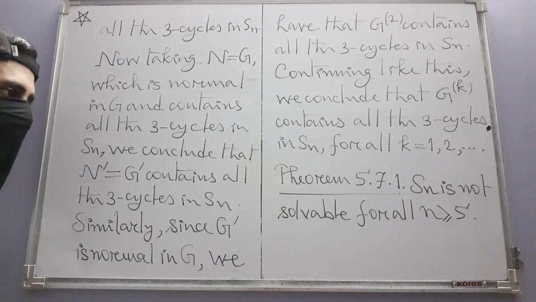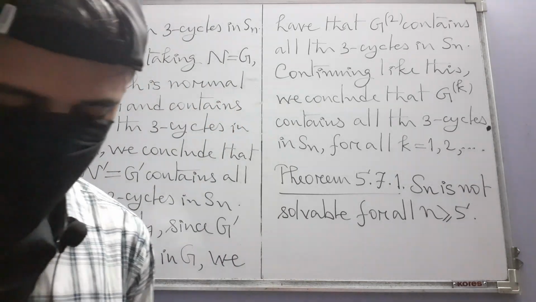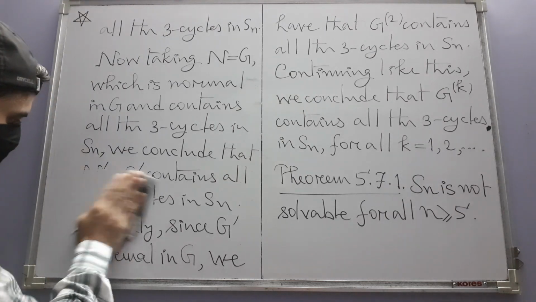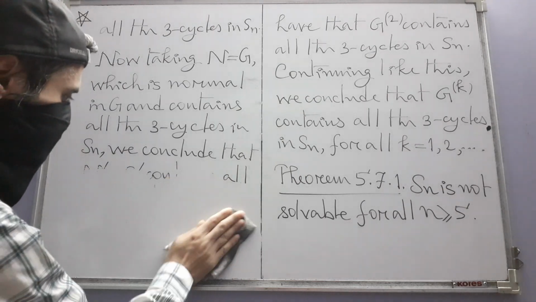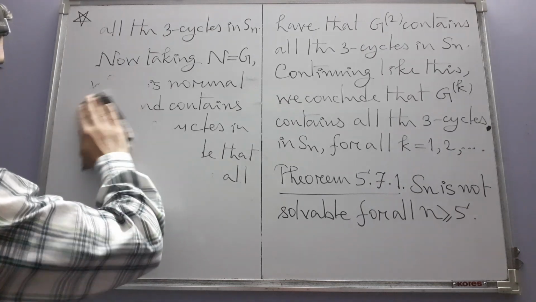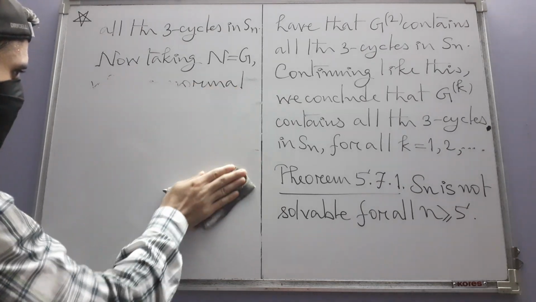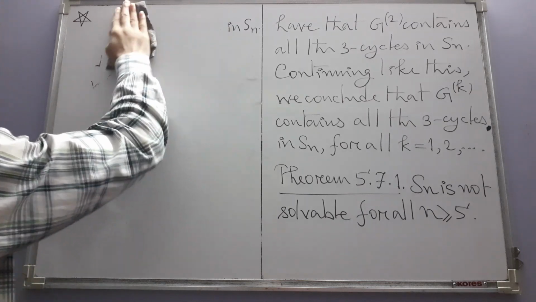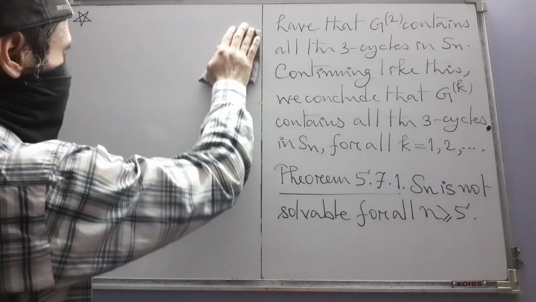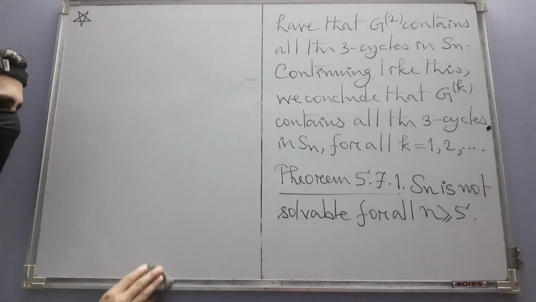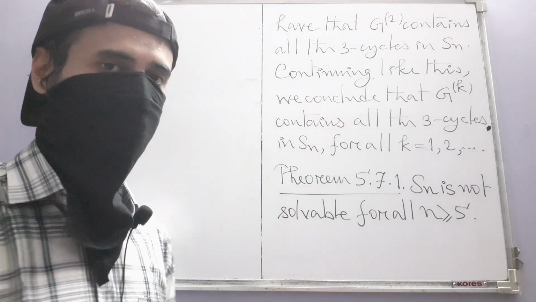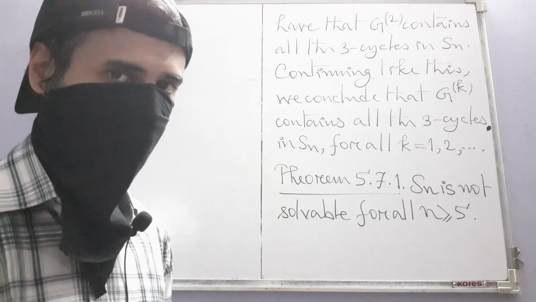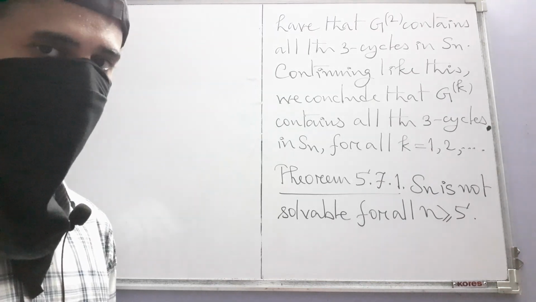Let us now recall the equivalent condition for solvability of a group. I mean, the definition of course involves a chain of subgroups and all those things, but in the previous video we proved that we can come up with a simple equivalent condition, which was that one of those groups Gk has to be trivial. That is the condition for solvability.